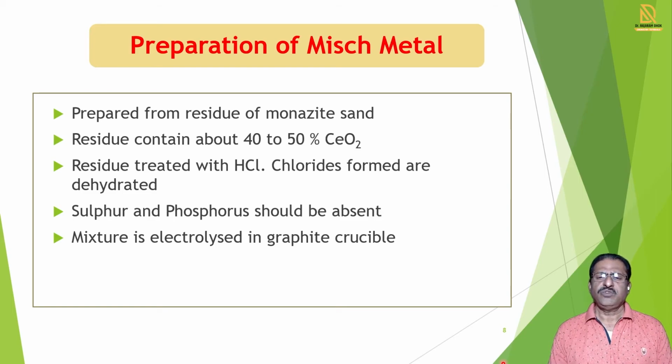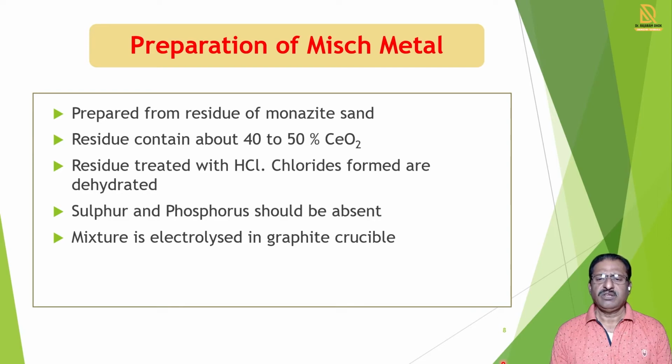In short, this detailed preparation method requires a large process, and it is not so simple. It requires different stages, but we only see here the steps in the manufacture of this mixed metal.